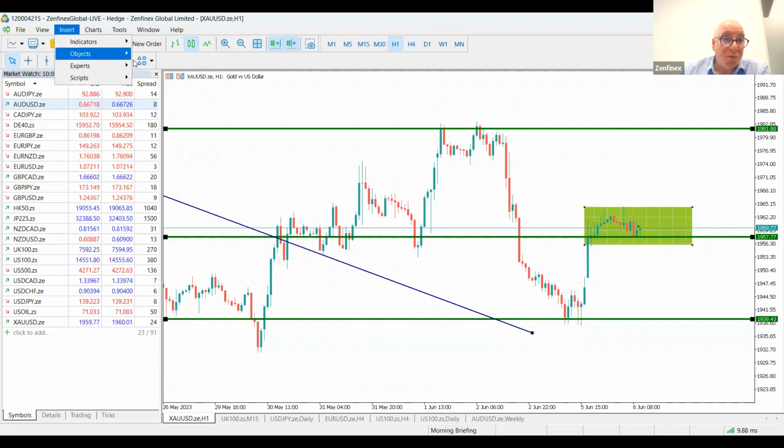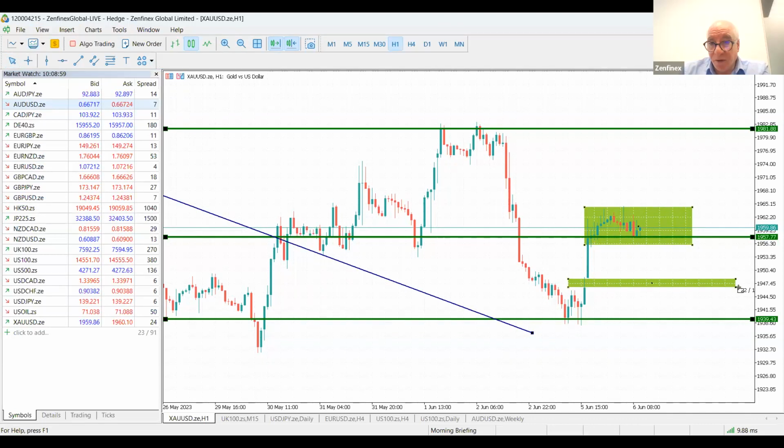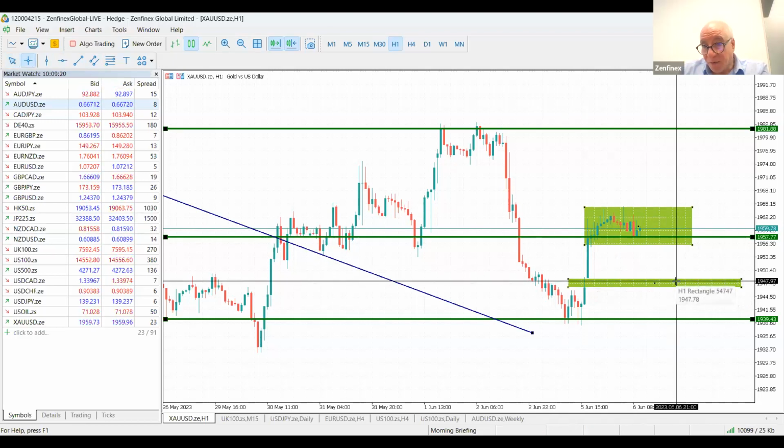So let's put a little rectangle here to identify that prices move rapidly away, broke this level of resistance, coming down to support. So it would not surprise me if the value of gold came down to retest this level here. Let's just see if we can pick up a level here.